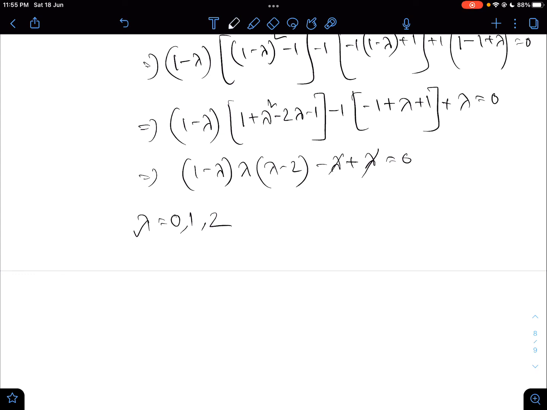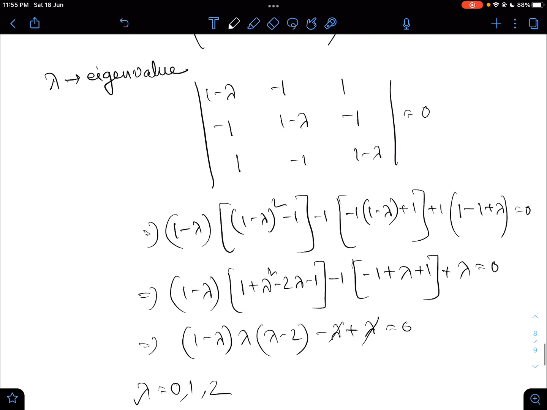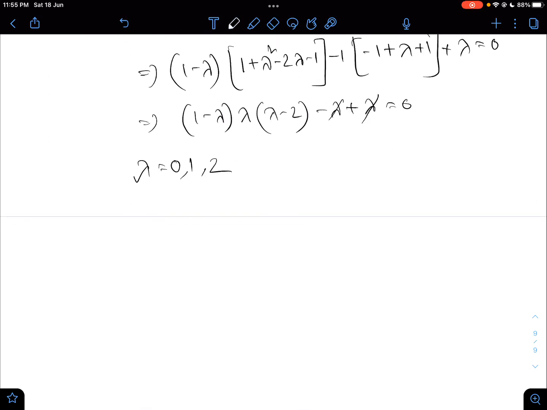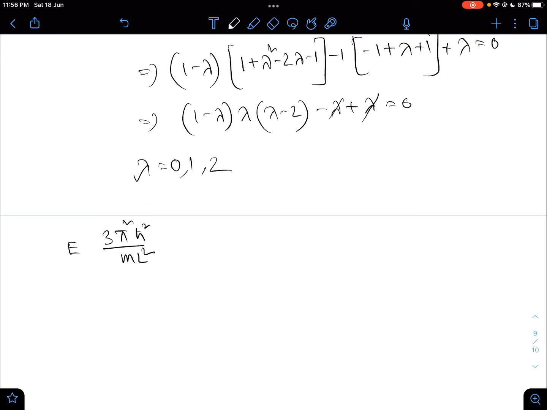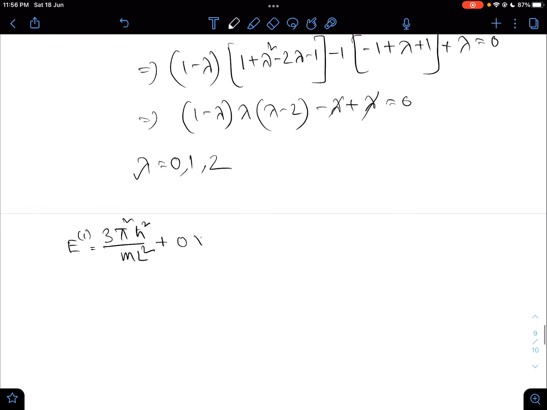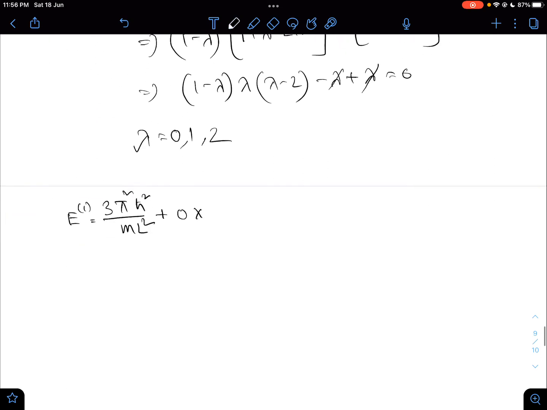If these are our eigenvalues, then our energy corrections follow. Since our energy value is 3 pi square h cut square by m L square, the corrected values are: one value will be plus lambda 0 into, outside the matrix, 2V0, so one value will remain the same.